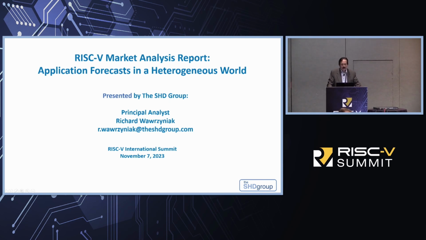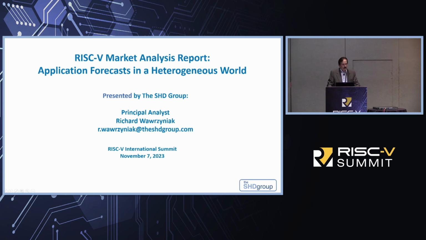So the title of this presentation is Application Forecasting in a Heterogeneous World. And we titled it that way for a couple of reasons. One, as the SoC market has evolved, the SoCs that are being designed today are generally heterogeneous in nature. The days of a single CPU core from a single vendor are probably over.